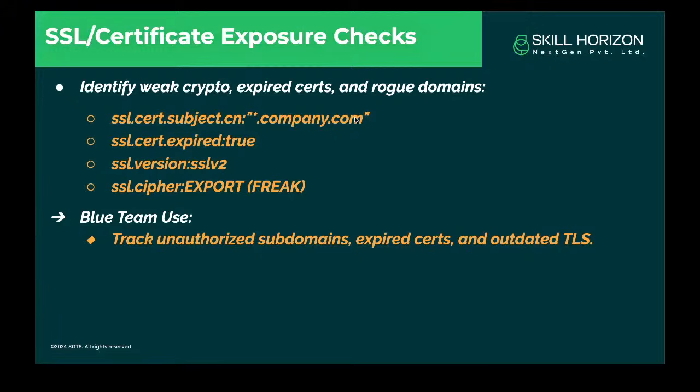So these are a few more queries that you can use, like ssl.cert.expired:true, or SSL version v2 if they are using an outdated protocol, right? So the blue team particularly uses these queries on the organization to identify unauthorized subdomains, expired certificates, and outdated TLS or SSL protocols.